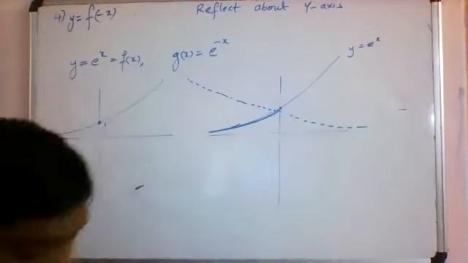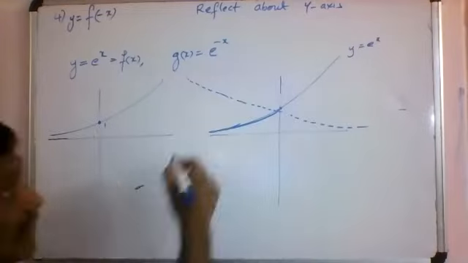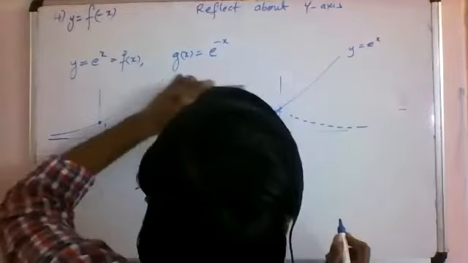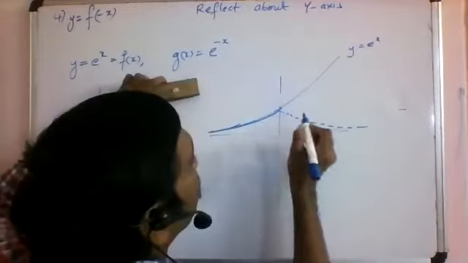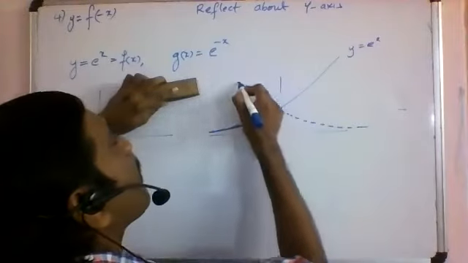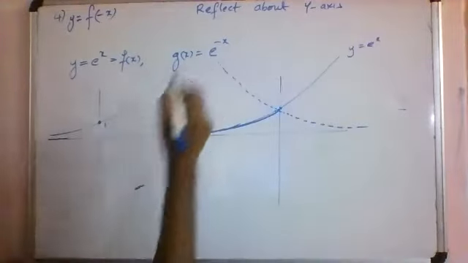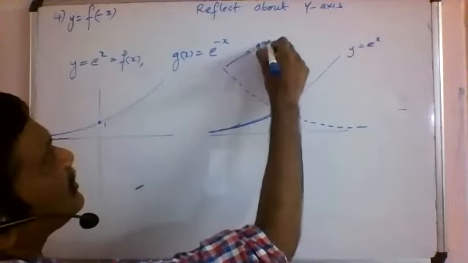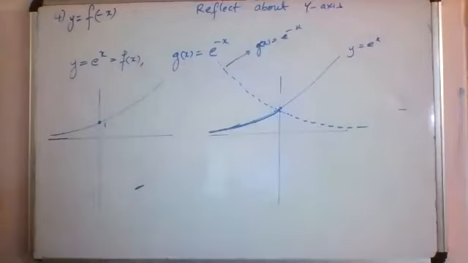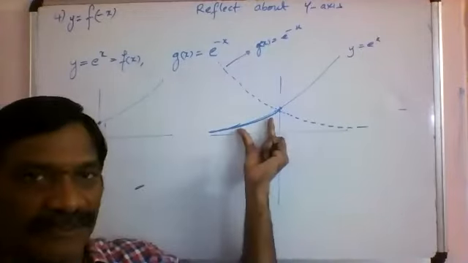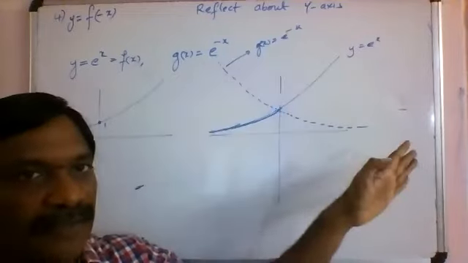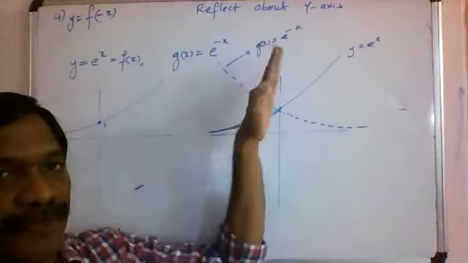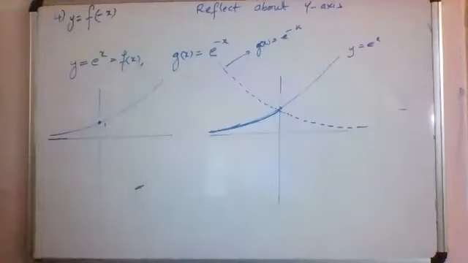We have to connect them because this is a curve, so we give a connection like this. Now this is the graph of g of x is equal to e power minus x. Just take the image of this part with respect to y-axis and draw that side, and take the image of the other part and draw this side. Just images.